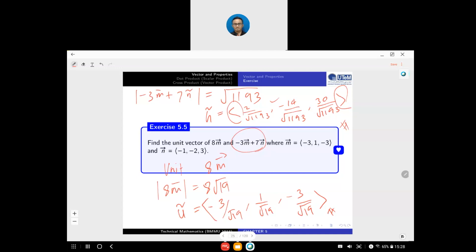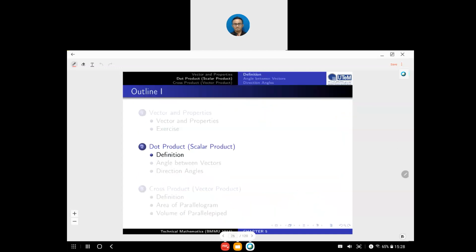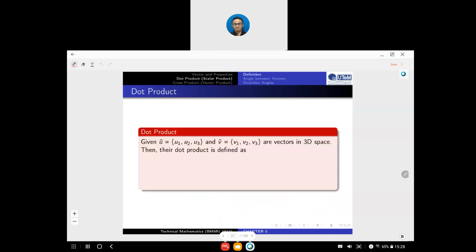Now look at the next topic: the dot product. What is the dot product? Given vector u equal to (u1, u2, u3) and vector v equal to (v1, v2, v3), vectors in 3D space, their dot product can be found by u dot v.